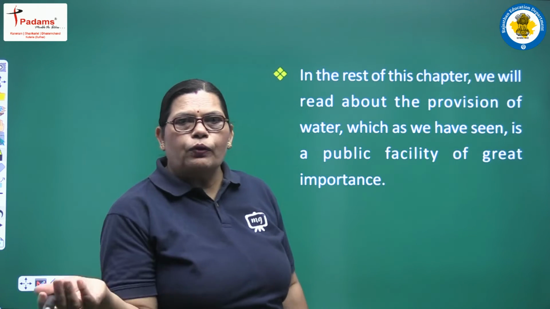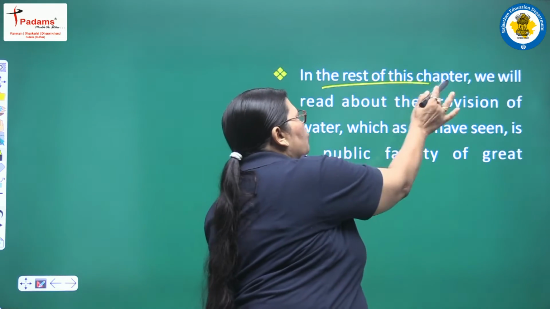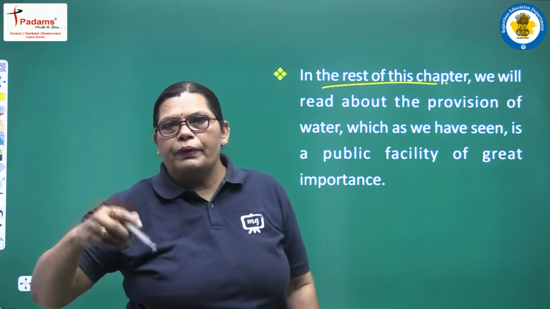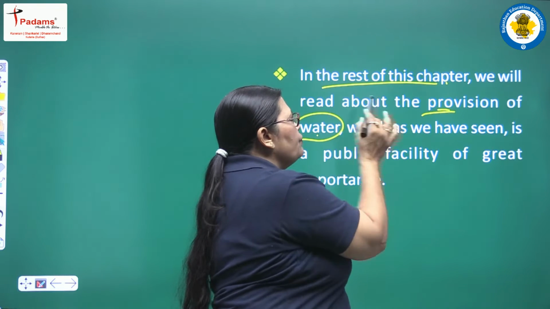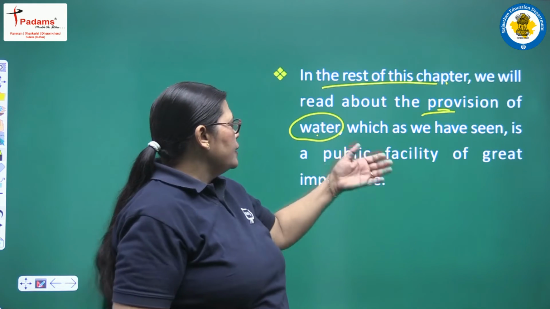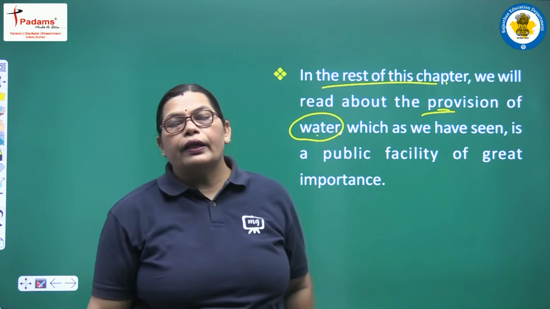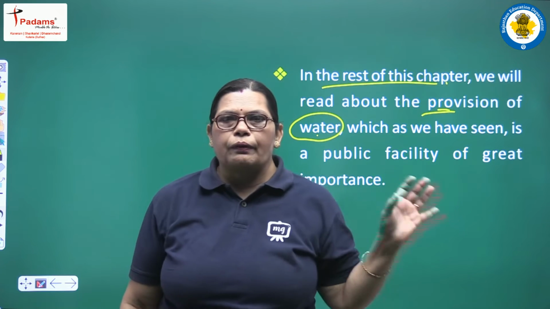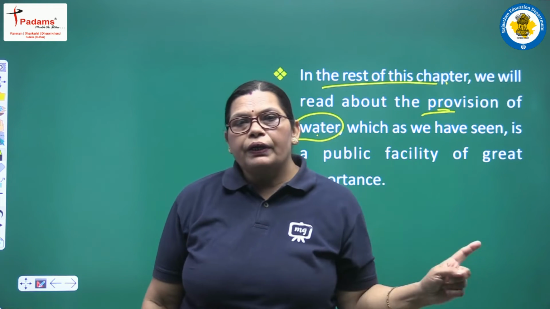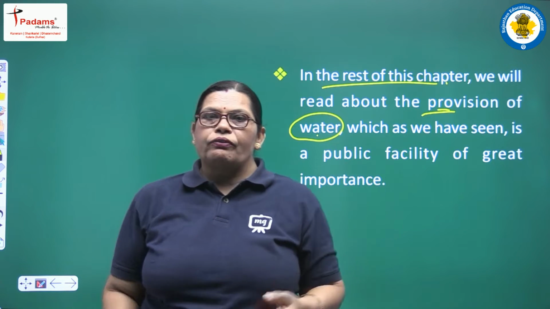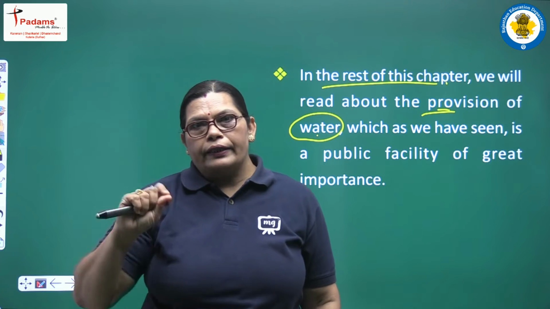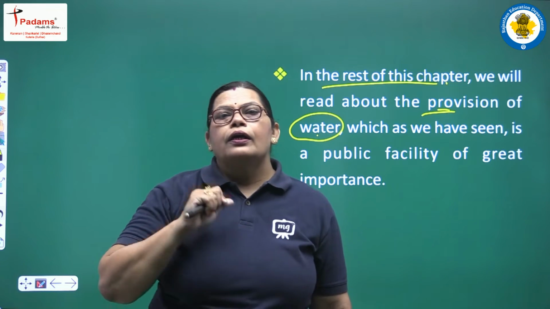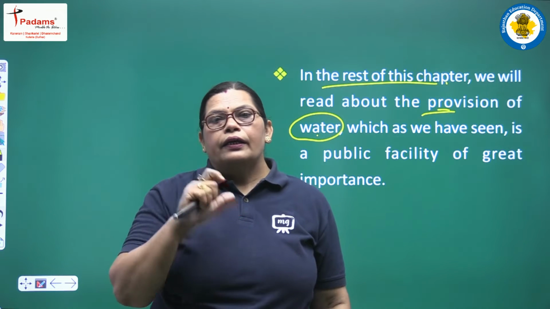When we are considering all these things, students, one thing more: in the rest of this chapter we will read about the provision of water, which as we have seen is a public facility of great importance. Remember our previous part 2, in which we studied the Constitution's Article 21, the right to life.